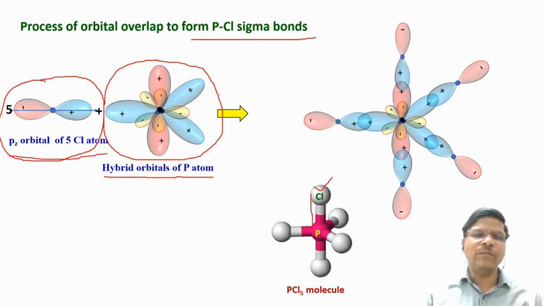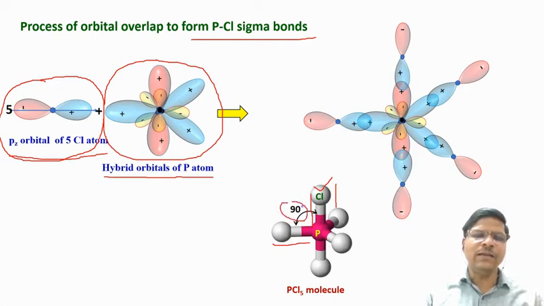So in the PCl5 molecule, consider the angle between this chlorine, phosphorus and chlorine, where this chlorine is in the trigonal plane and this chlorine in the vertical plane. Once again, this chlorine in the trigonal plane and this chlorine in the vertical plane. This angle is 90 degrees.